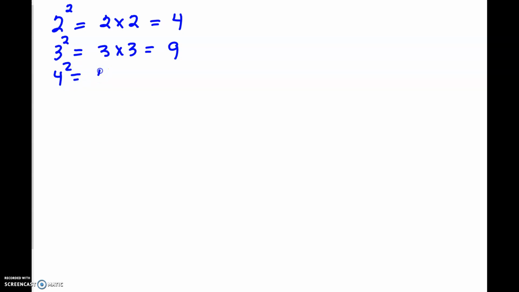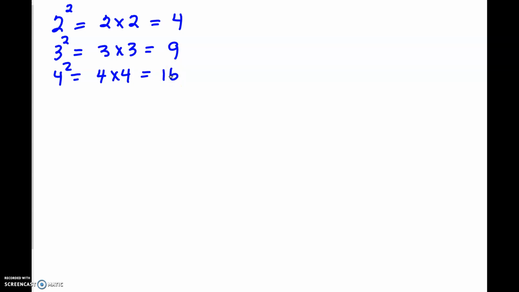So we talked about the square of a number, such as 2 squared means 2 times 2, which is 4. 3 squared is 3 times 3, which is 9. 4 squared is 4 times 4, which is 16.